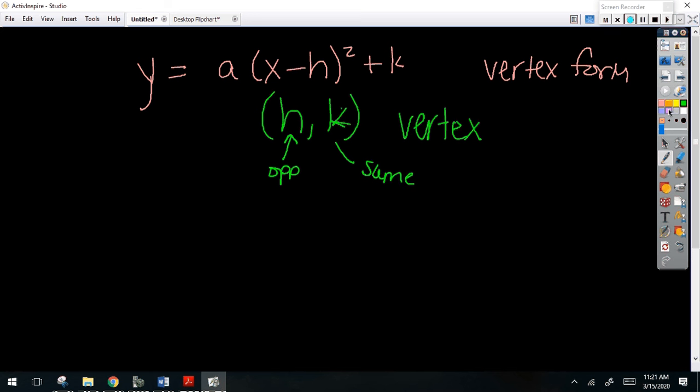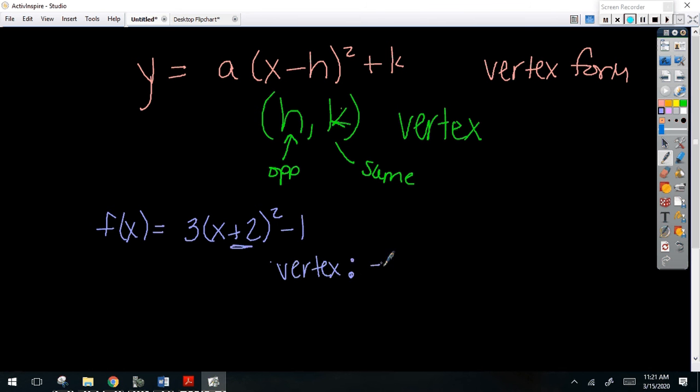Okay, so for example, let's say I gave you the equation f of x equals 3 times (x plus 2) squared minus 1. Based on what I just told you, the vertex for this one, I take the opposite sign here, so it would be (-2, -1). Now, if either of these two are missing, it would be 0.